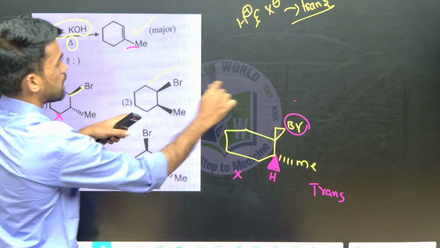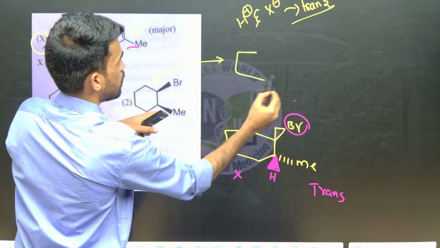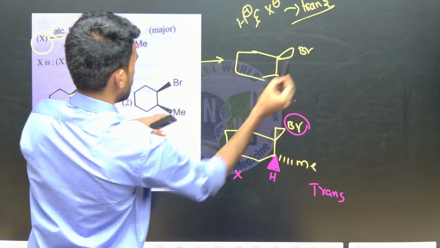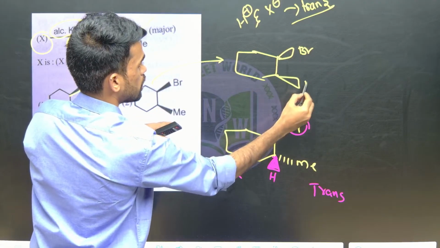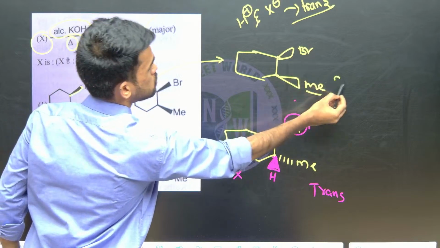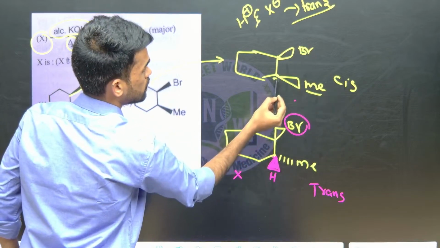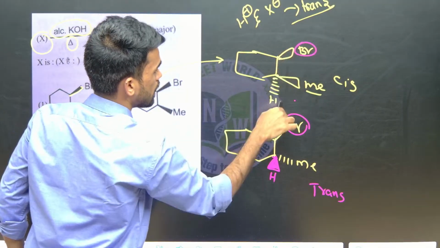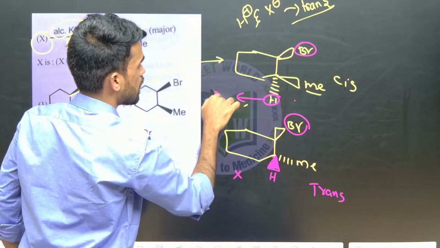Now compare the second option. See what we have. The bromine is above the plane, and the methyl group is also above the plane. So if the methyl group is above, these two are related as cis to each other. But what about this hydrogen here below the plane? So bromine and hydrogen, how are they placed? Trans to each other.